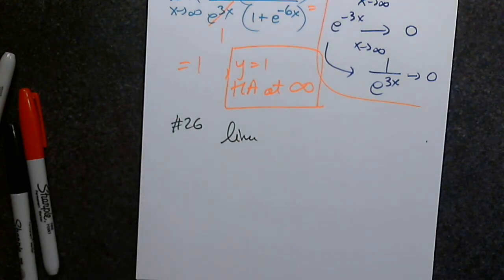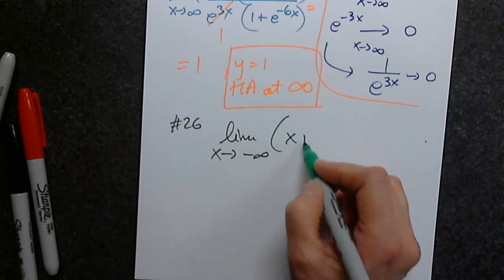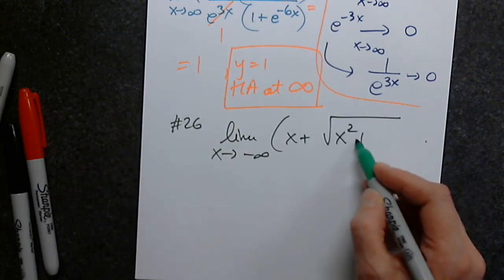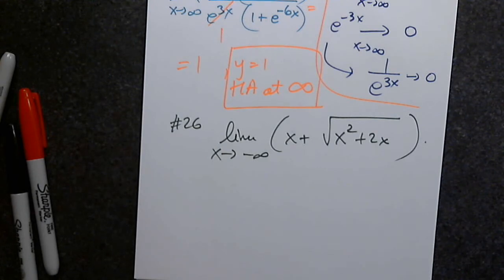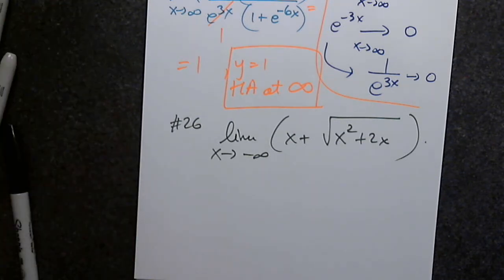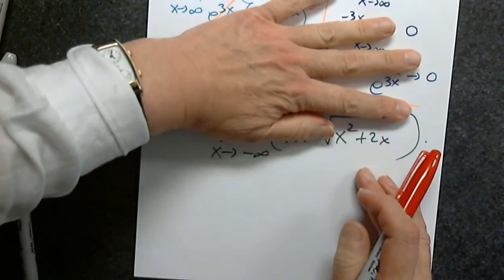The limit as x approaches negative infinity of x plus the square root of x squared plus 2x. Like always, our starting point has to be from the inside.